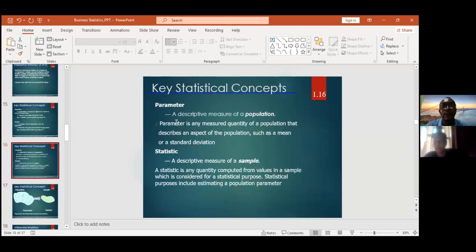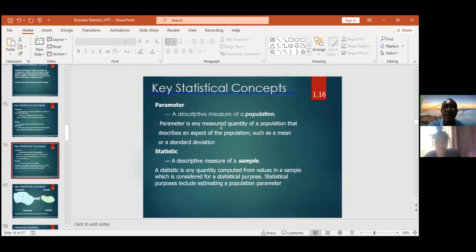Now, very important, take note of this slide. There's a question, a true or false question. So take note of this slide very well. Parameter and statistics. Sometimes some students confuse the difference. A parameter is a descriptive measure of a population. That is, parameter goes with population.